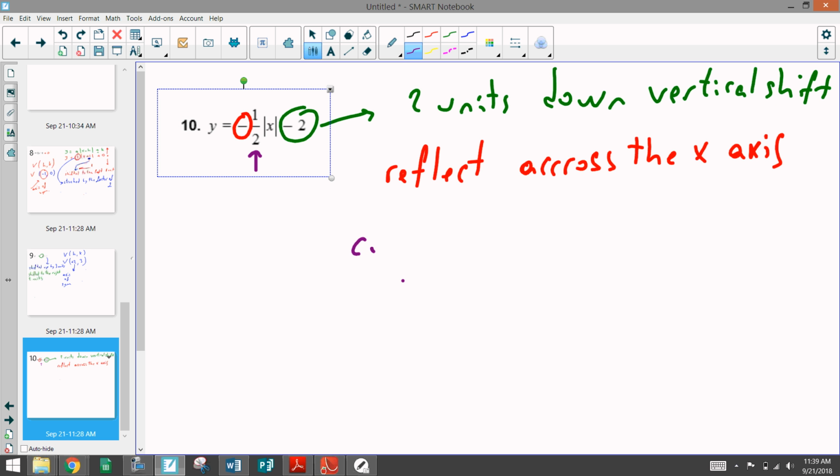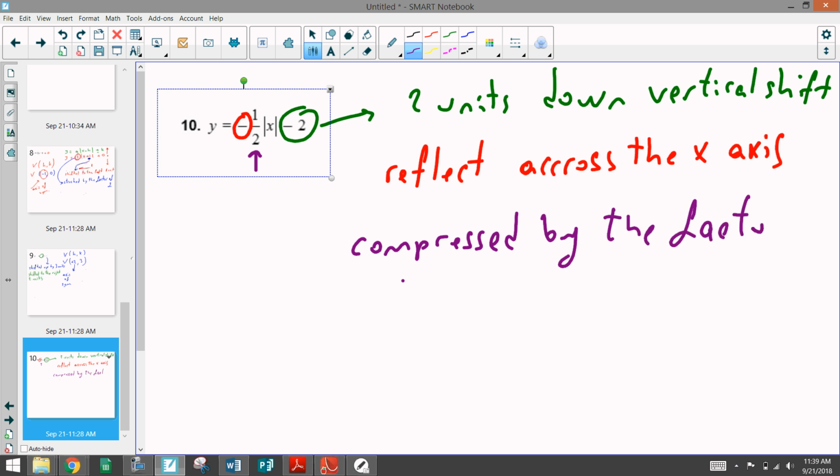Compressed. So 1/2, since it's less than 1, in between 1 and 0, that makes compression. Okay, when the numbers increase, it's going to be reflection, stretch, and since this number is less than 1, it's going to be compression.